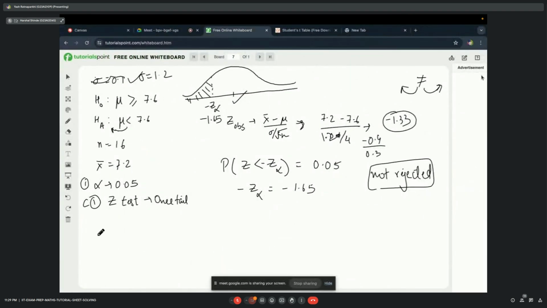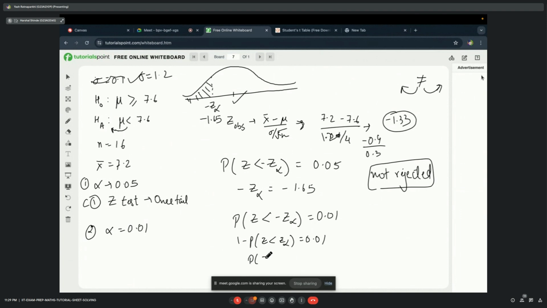So alpha is 0.01. And again, doing the same drill, I just need to find the value of Z alpha for 0.01. Okay, what will be my point here? Simple thing, just replace this sign, make it positive: 1 minus probability of Z less than Z alpha, that is 0.01.